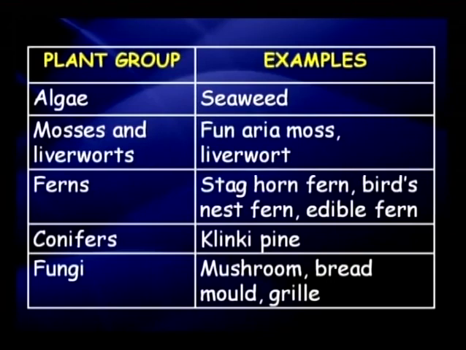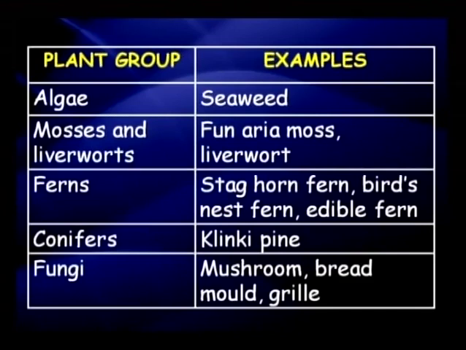The first plant group we have is algae, okay? Algae, and the example of algae is seaweed. The second plant group of non-flowering plants we have is mosses and liverworts. And the examples of mosses and liverworts are Funaria moss, and liverwort.